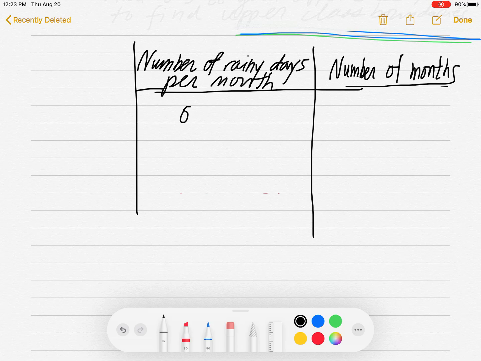I remember we had 0 to 4 rainy days in a month, 5 to 9 rainy days in a month, and 10 to 14 rainy days in a month. Those were our classes. And here we're using what are called lower limits and upper limits.